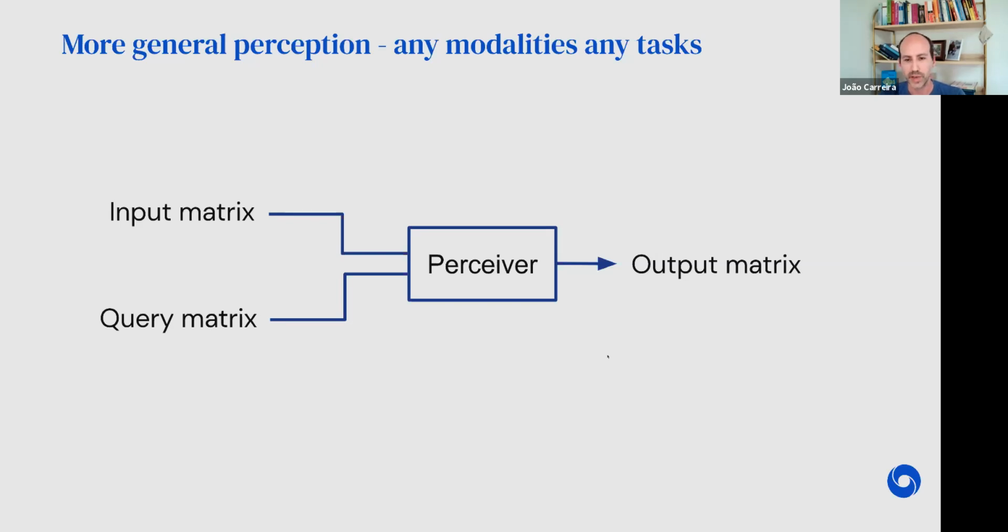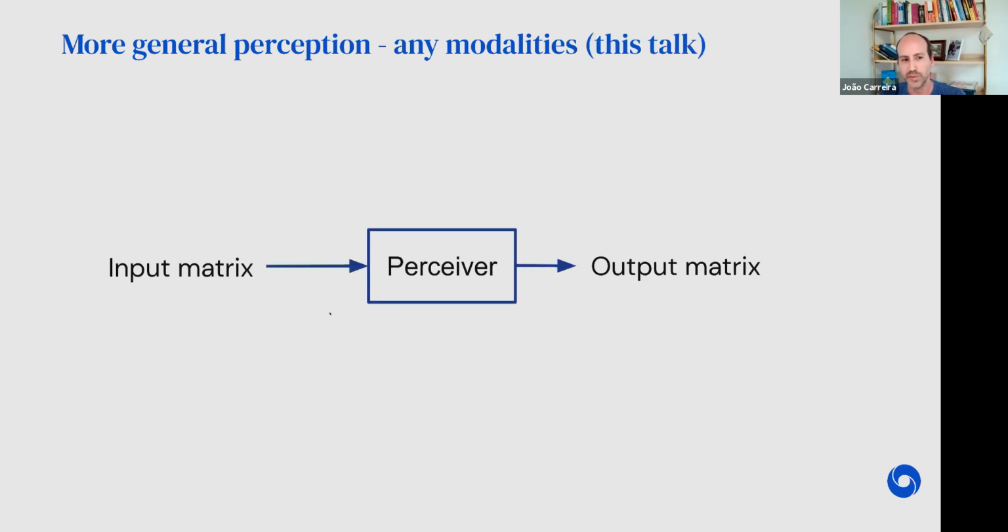We have some work already under review trying to realize this whole vision. But for this talk, I'll focus on just a subset of that, considering multiple modalities but a single task. So there's a single output matrix.